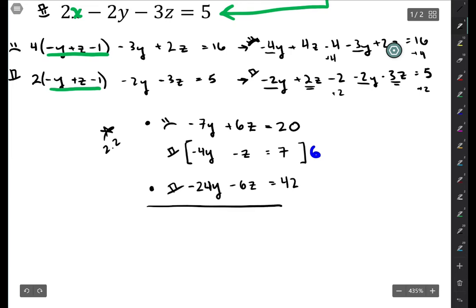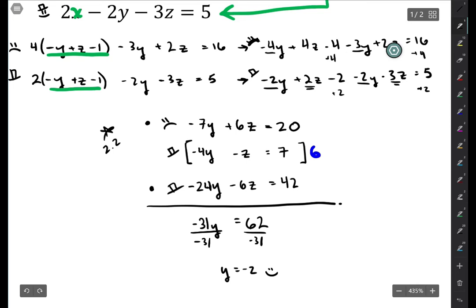And if I add those two, negative 7 and negative 24 is negative 31. The z's would cancel and equals 62. All right, look at that. Divide by 31, divide by 31, and y equals negative 2. Little mini pat on the back because you got one variable.